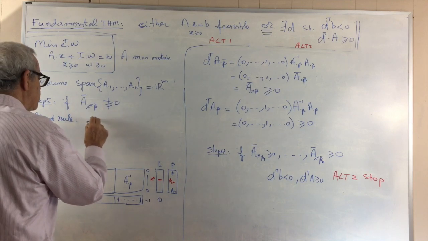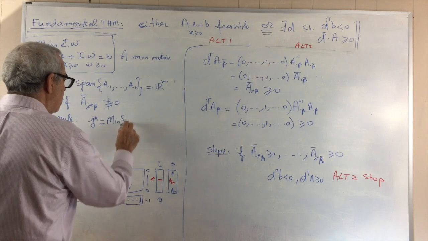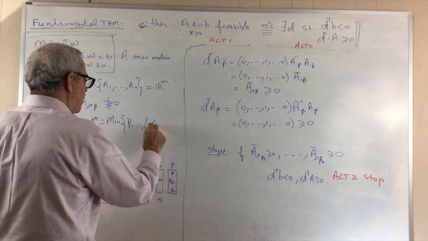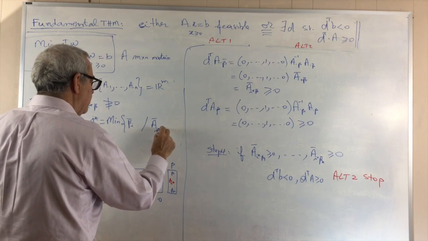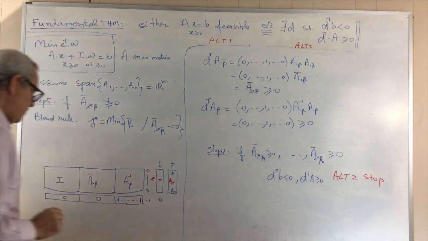We're going to define J star equal to the minimum of beta bar I such that A bar of I star beta bar I is negative.